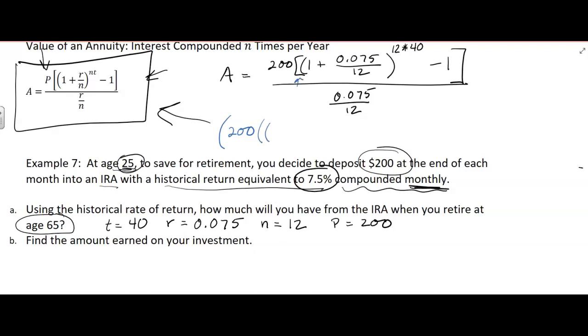So that's this one and then this one. 1 plus 0.075 divided by 12. And then it's to the power of, now I'm going to go ahead and multiply that out. 12 times 40 is going to be what? 480? Minus 1. Don't forget that 1. That closes off the parenthesis.